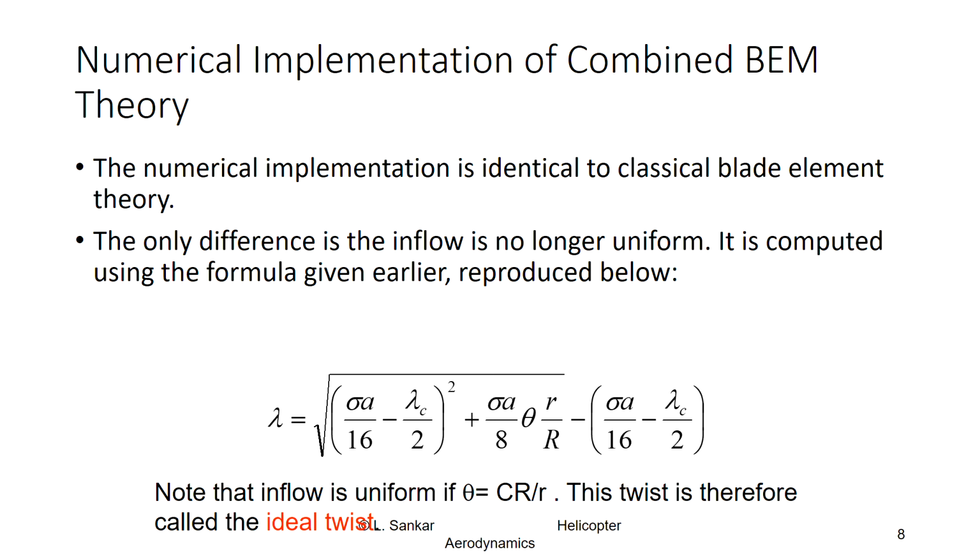This is not recommended because near the root it produces a huge amount of twist. Therefore, the root section may stall, because it's at such a high angle of attack. Dynamic stall will also occur much more, so vibrations will be very high, especially in forward flight. Therefore, ideal twist is very seldom used in practice. It's just nice-to-know conceptual information.